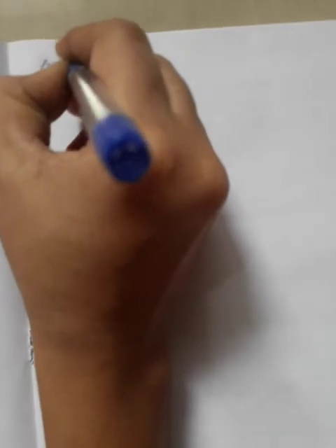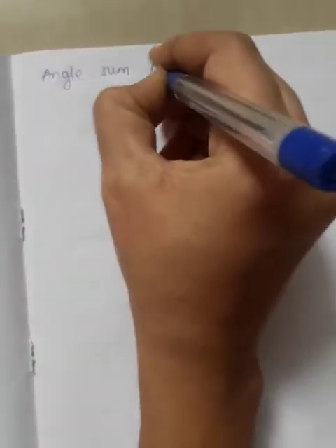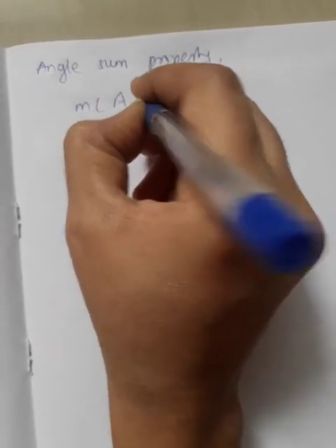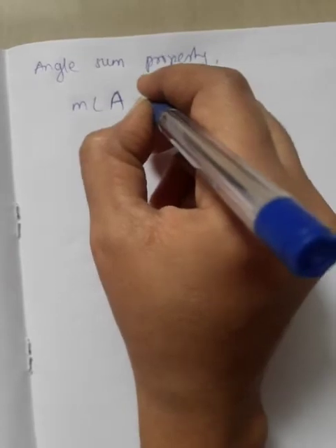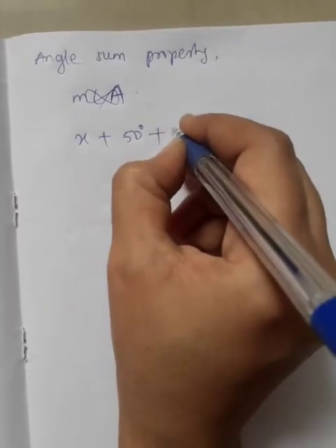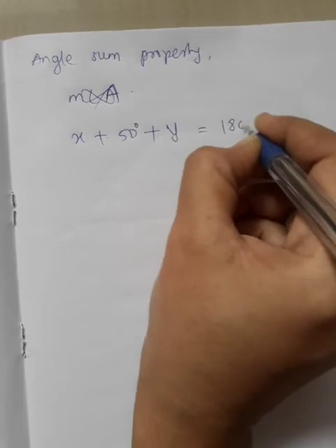By the angle sum property, x plus 50 degrees plus y is equal to 180 degrees.